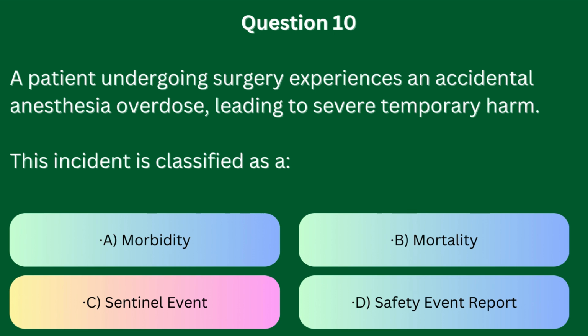All of these are not related to the primary disease or its natural course. As in this case, the severe temporary harm was caused not by the disease but by the anesthesia overdose. This is called a sentinel event.